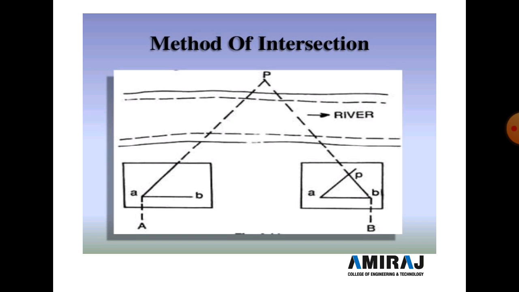Then from the a point we fix the pin, touch the alidade at the point and bisect the P point, and draw the line, a small a to P. At the same time, from A, touching the alidade at the point, we bisect the ranging rod at B and draw the small line ab.